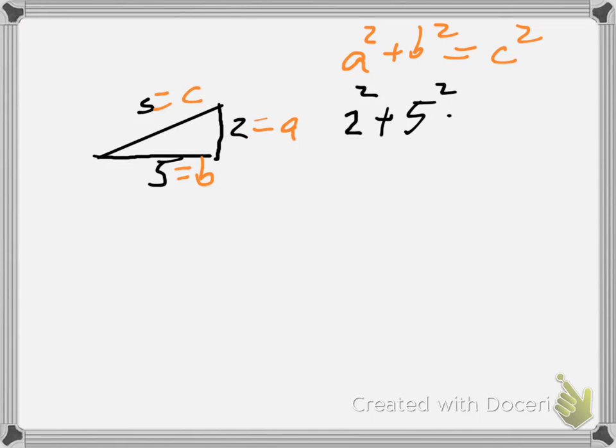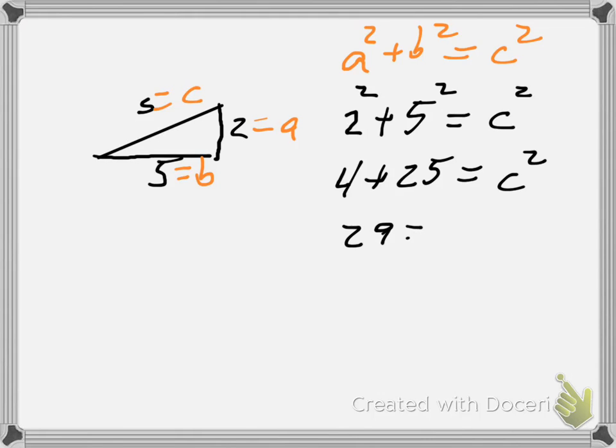In our case, 2 squared plus 5 squared is c squared. 2 squared is 4. 5 squared is 25. So that sum of those two numbers is the square of the hypotenuse. And so 4 plus 25 is 29. And so c is the square root of 29.